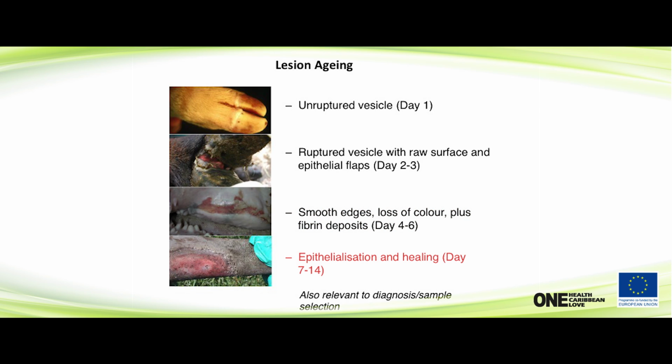This last one then is a late stage lesion on the tongue, and you can see this is perhaps day 7 to 14. You've got reepithelialization coming in from the edges and new epithelium growing across, and the only way you could get a diagnosis on this is by taking a blood sample for antibody and a probang sample to look for virus in the throat.